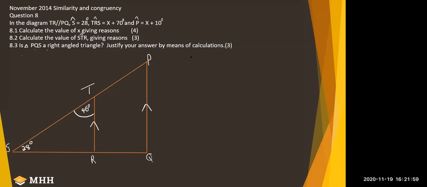So I'm just going to say here that STR is equal to angle P, and let's just give the reason again, corresponding. And I'm just going to squeeze in here, it's equal to 46 because we already proved that it's 46 in the previous slide.